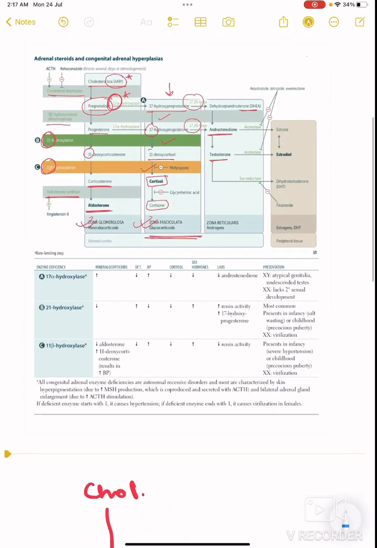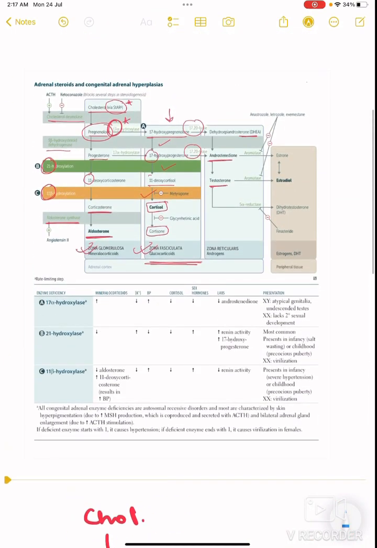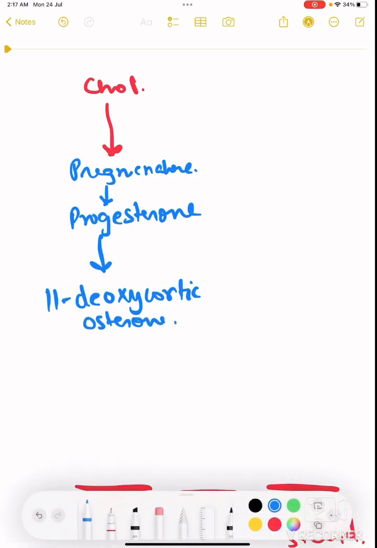After pregnenolone there is progesterone. Then after progesterone there is 11 deoxycorticosterone, and the enzyme required over here is 21 alpha hydroxylase.